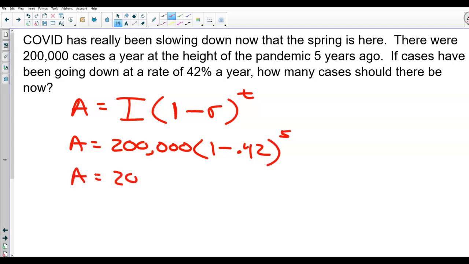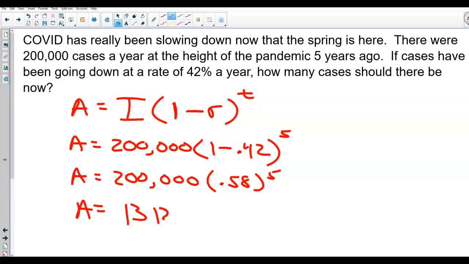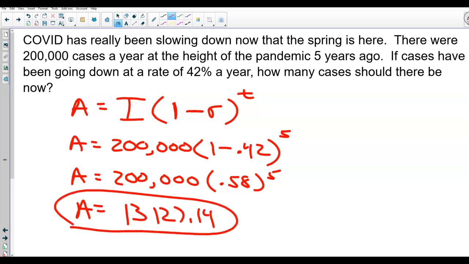So A equals 200,000 times 0.58 to the 5th power. And now when I put that into my calculator, 0.58 to the 5th, times 200,000, now these are my cases, 13,127.14. Once again, if you just did 13,127, that's fine too.